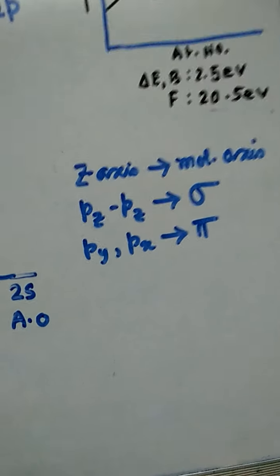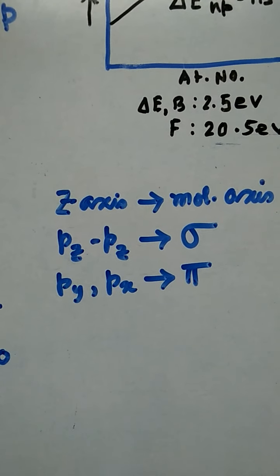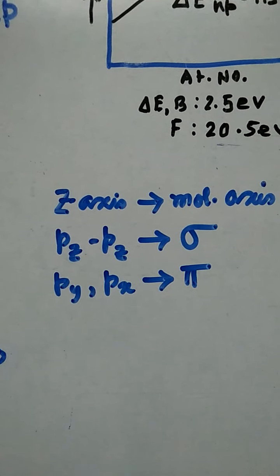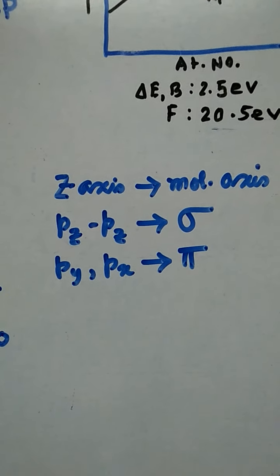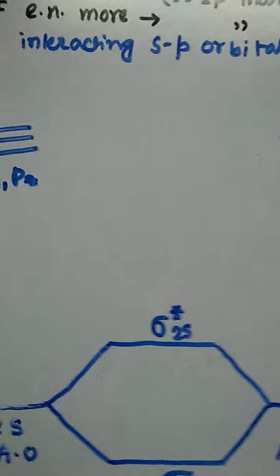Similarly, if you consider x axis as molecular axis, then px will combine to form sigma bond, and py and pz will combine to form pi bonds. So here I am considering z axis as molecular axis.